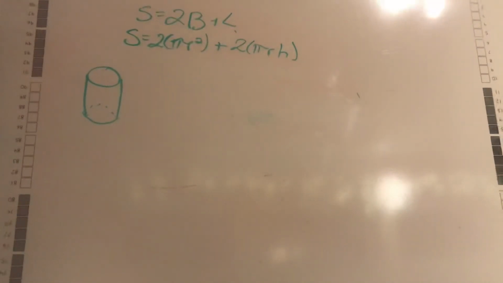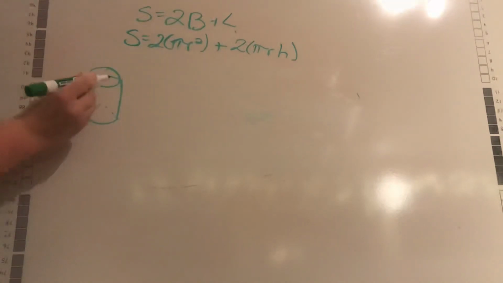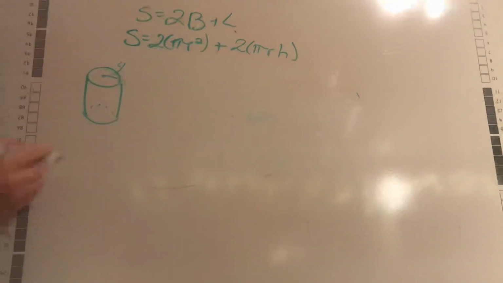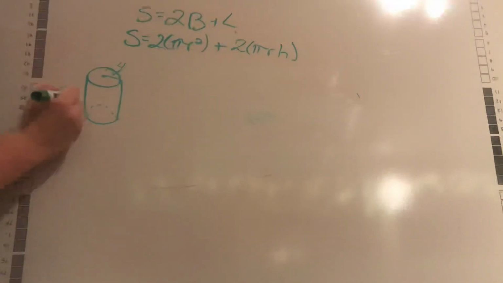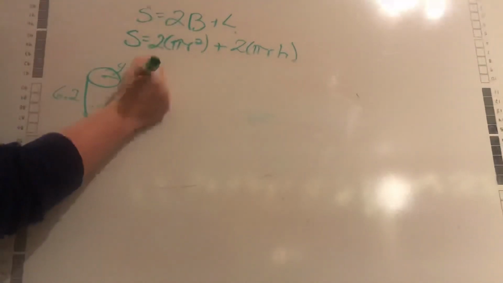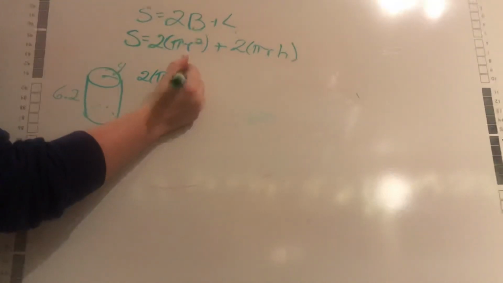So let's look at the first one they give us. Our radius is 4, and our height is 6.2. So let's plug that in. So we have 2 times pi times 4 squared.